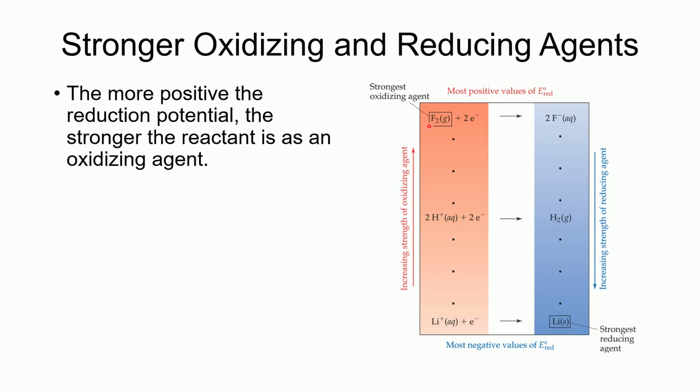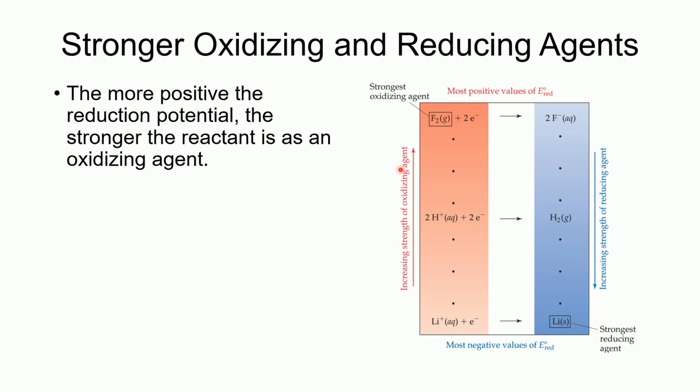So on that chart that I showed you earlier, fluorine had a very large positive reduction potential. It was like 2.87. And that means that fluorine is the strongest oxidizing agent. Not surprising if you've paid attention as we've gone along here. Fluorine is the meanest, baddest, most electronegative element on the whole periodic table. Not surprising, it's the strongest oxidizing agent.